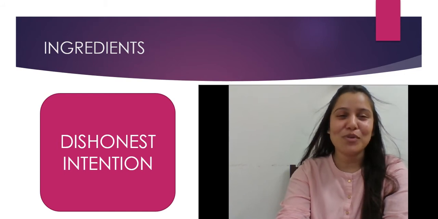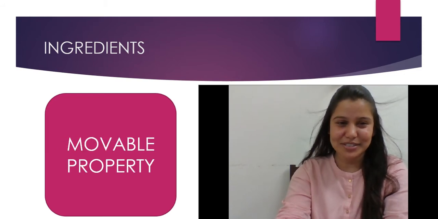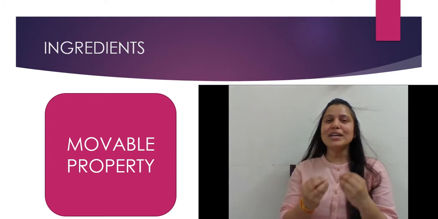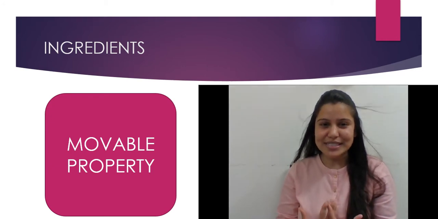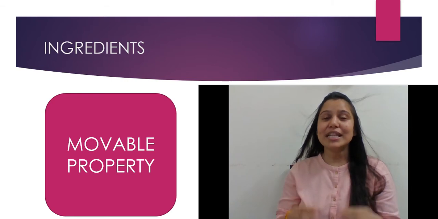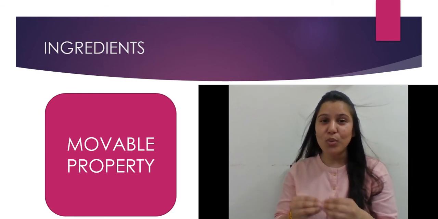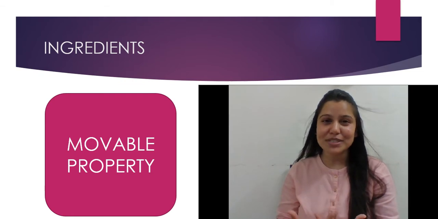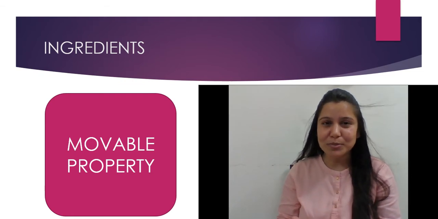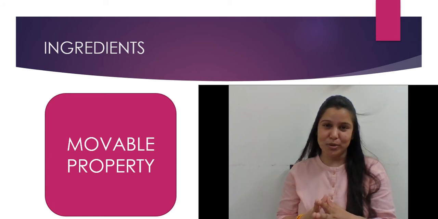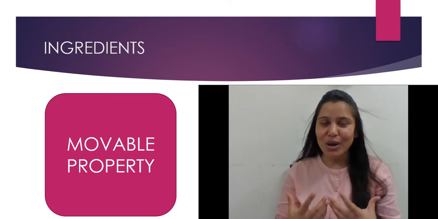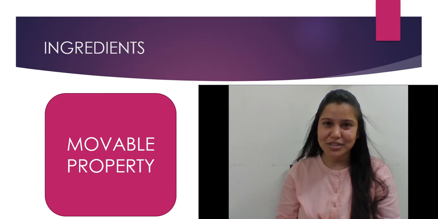Now let's move on to the very next ingredient, movable property. When it comes to theft, it is very simple to keep in mind that theft can be committed only of movable properties, not immovable properties. Can you actually make a house the subject of theft?